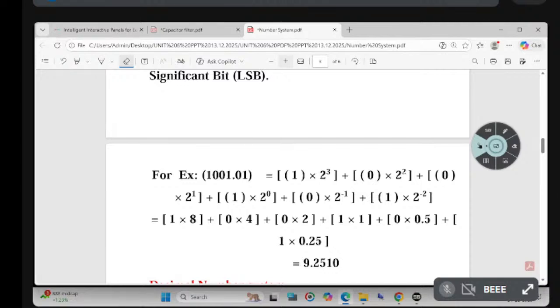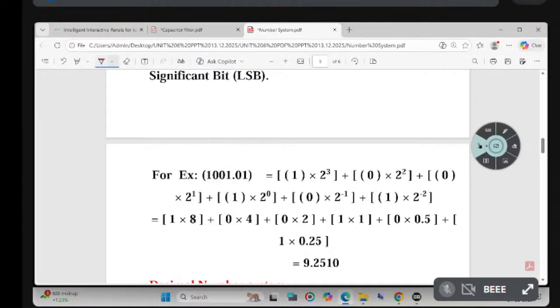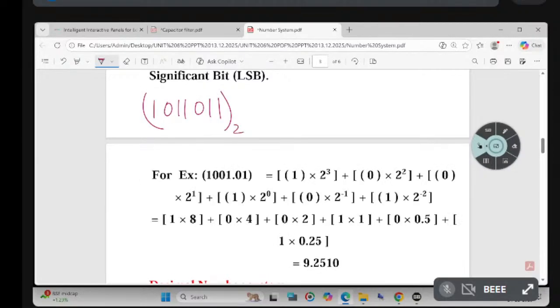Right. Do one problem. Convert 1011011 base 2 into base 10.